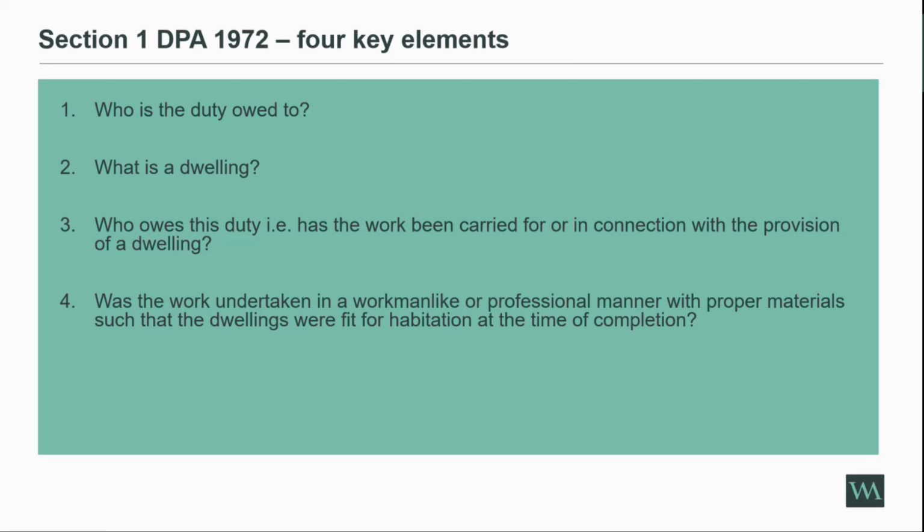It's a single duty, so it is one complete sentence, basically. Not only do you have to establish that there was a failure to undertake the work in a workmanlike or professional manner, but we also need to show that as a result of that, these dwellings were what's called unfit for habitation when they were completed.